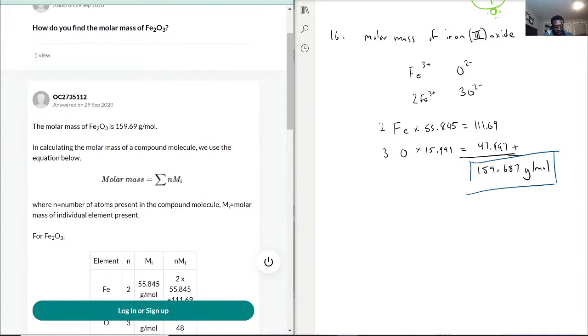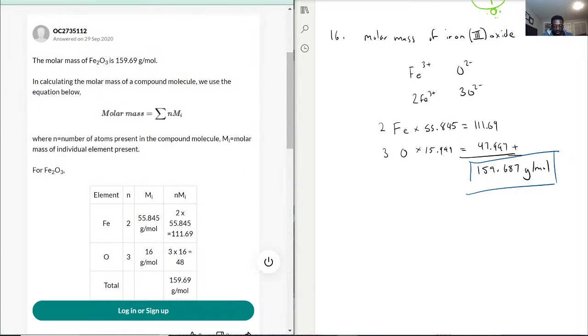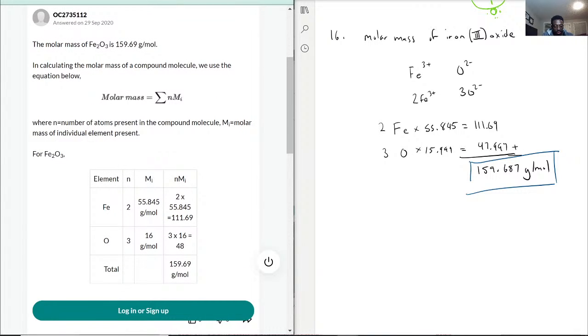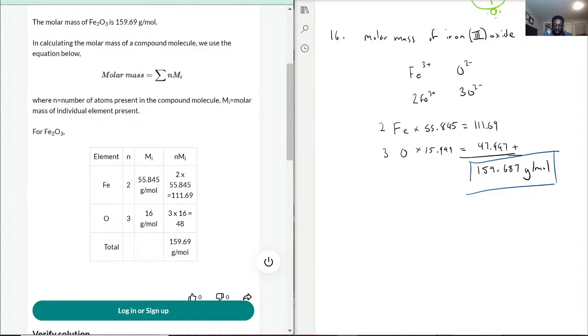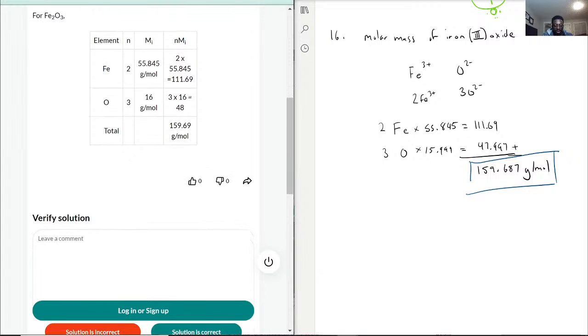So exactly, that's what we did: 2 of 55.845, 111.69, and 3 of 16, yep, 48. 159.69. So this is correct.